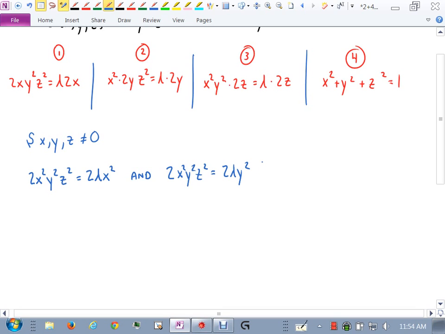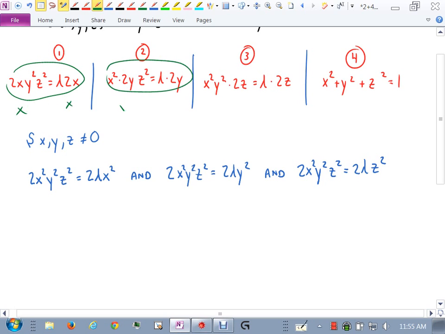And finally, from the third one, I'm sorry? What did I do? So I'm taking the first equation, I'm multiplying x on both sides. Second equation, multiplying y on both sides. Third equation, multiplying z on both sides. And that gives me 3 new equations. My equation 1, my equation 2, my equation 3.